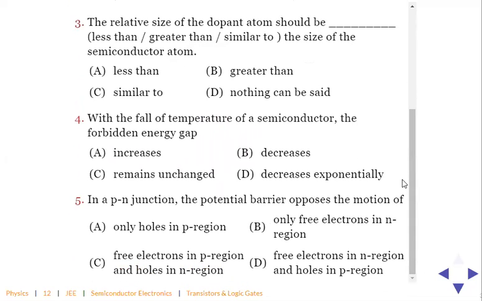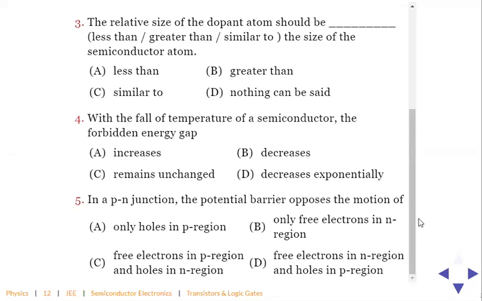Fourth, with the fall of temperature of a semiconductor, the forbidden energy gap will increase or decrease? Okay, very good.